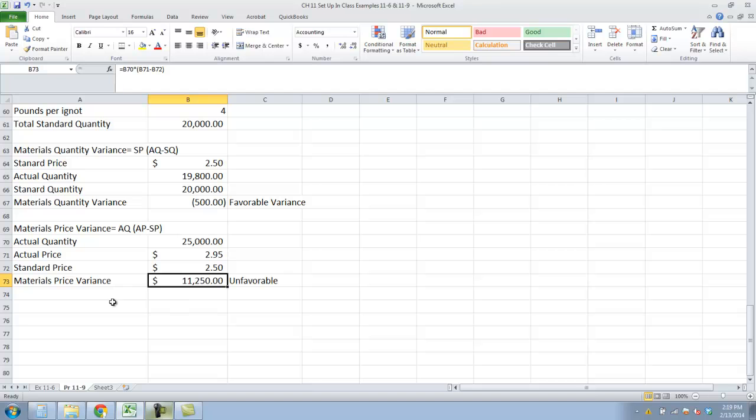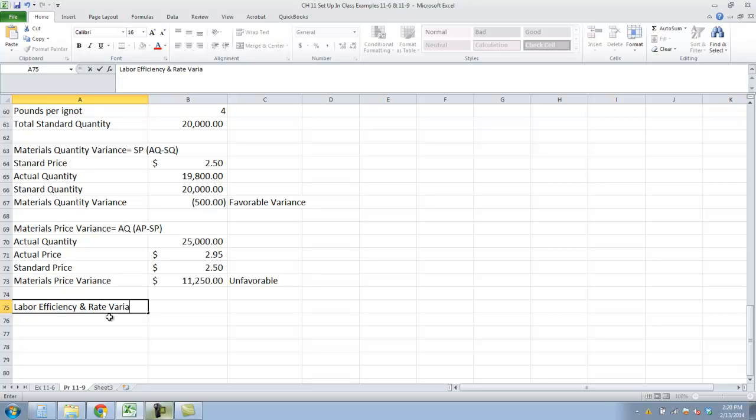Now we go on to calculate our direct labor. So labor efficiency and rate variance. So remember, we had 5,000.